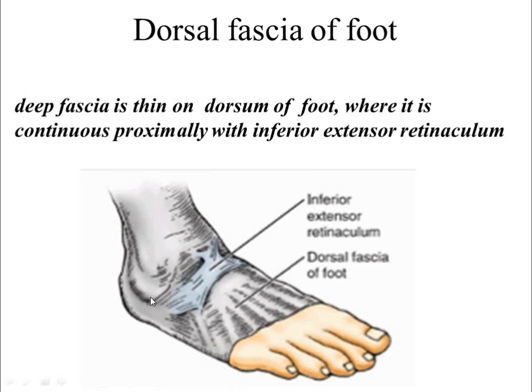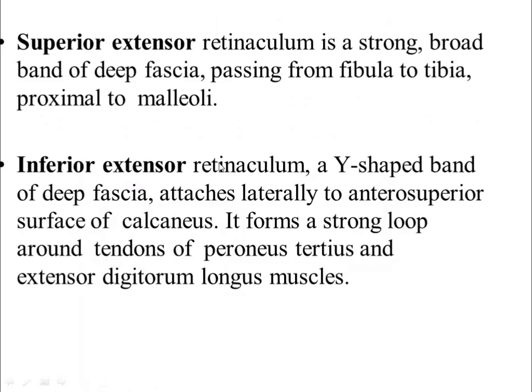As far as the deep fascia of the foot is concerned, it is thin on the dorsal aspect of the foot, where it becomes continuous proximally with the thickening of the deep fascia present, that is the inferior extensor retinaculum. We have seen two extensor retinacula present along the lower border of the tibia and fibula and on the dorsum of the foot.